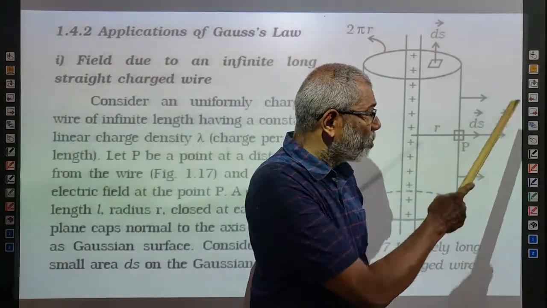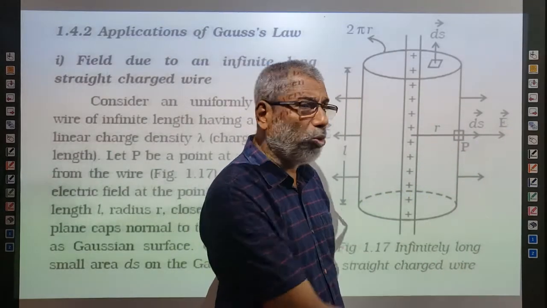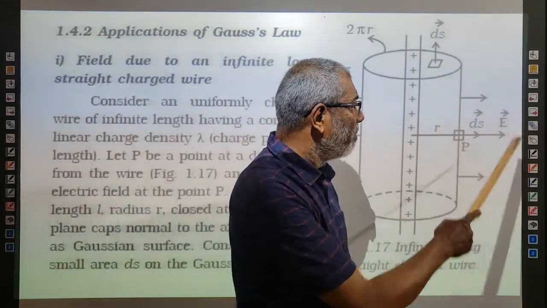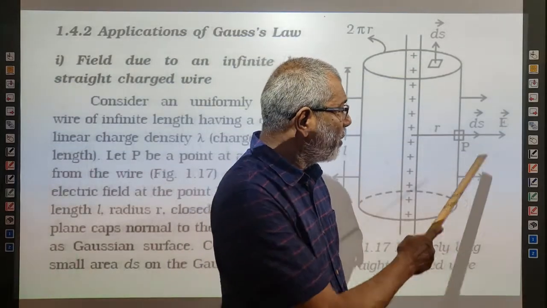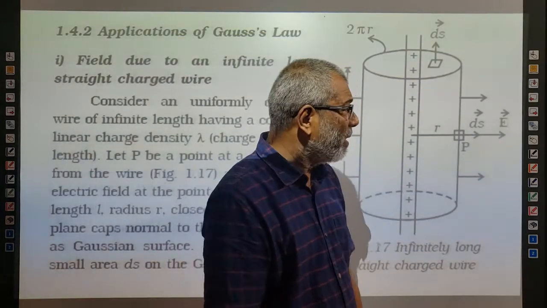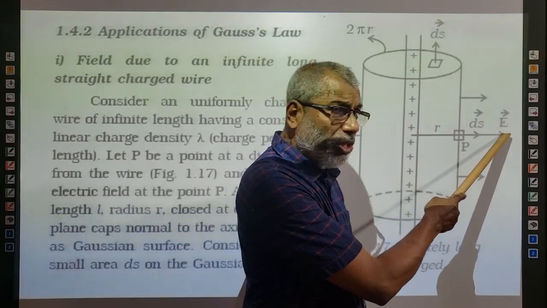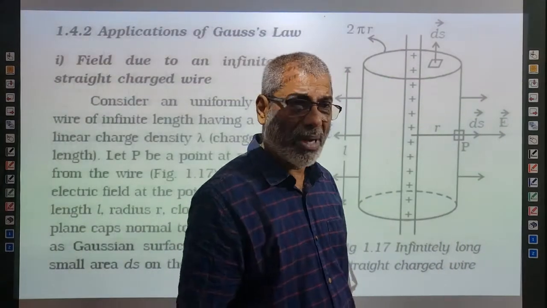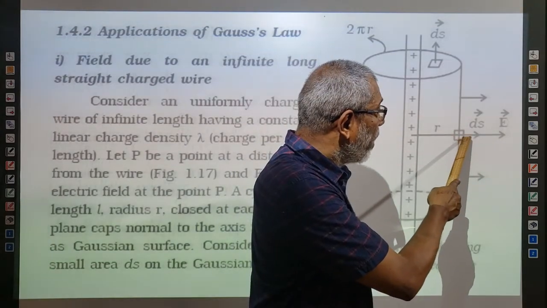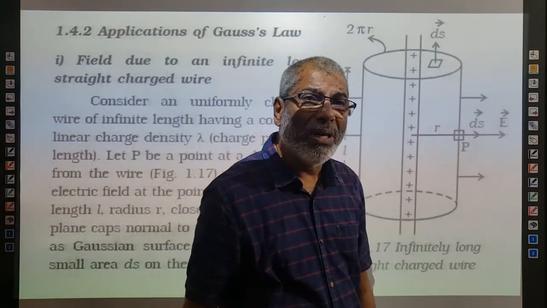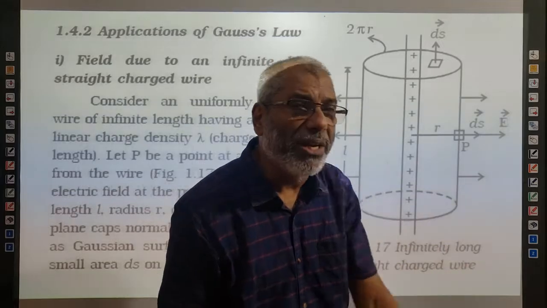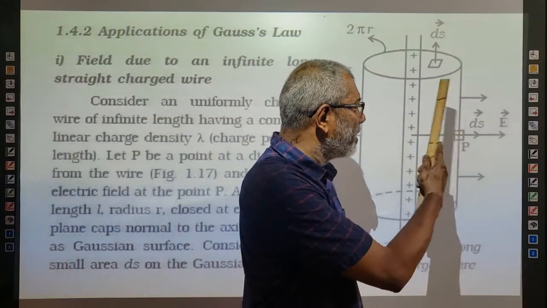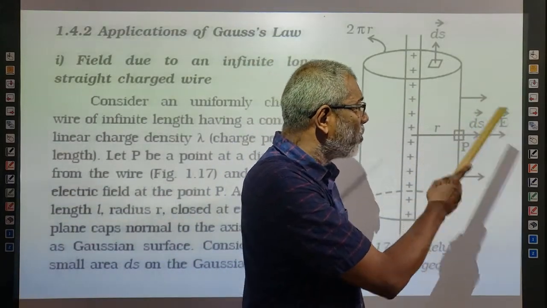This is the line of force. Already I said line of force is denoted by an arrow-headed line. Here these two arrowheads are showing that one is for the intensity of electric field, the other is for the surface vector. That means we are placing a small area at the point P. Small area means ds area is considered. The ds area has a surface vector.